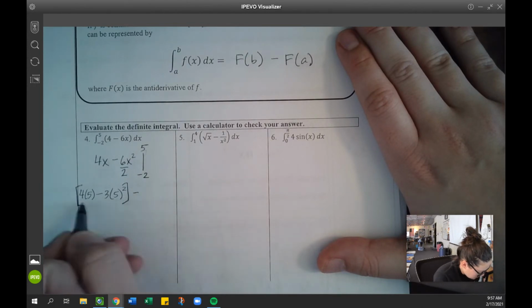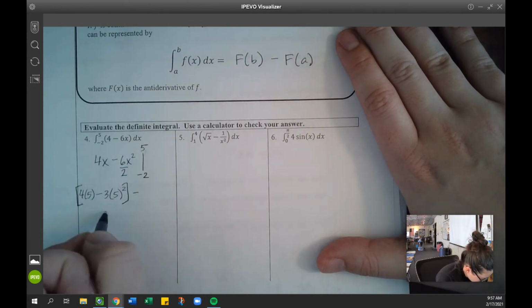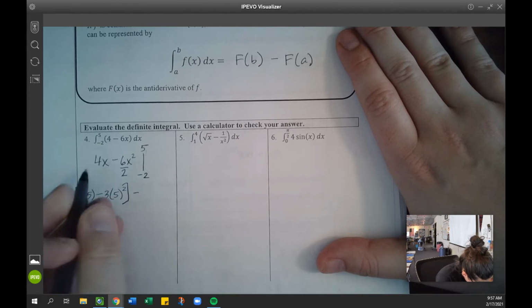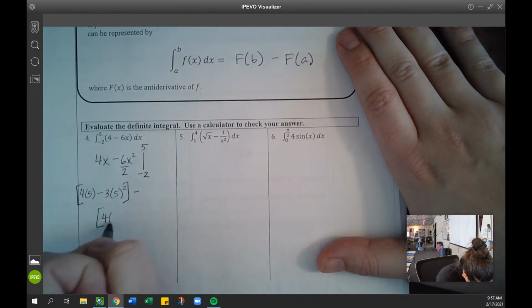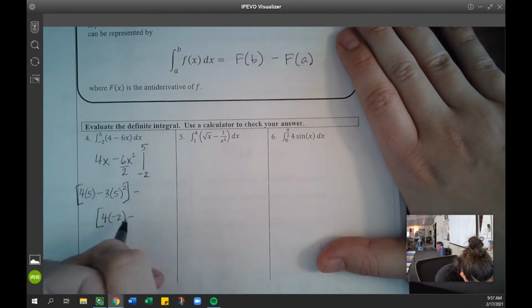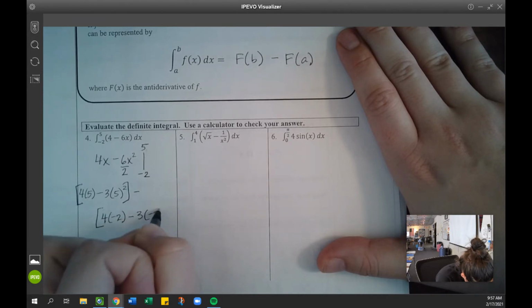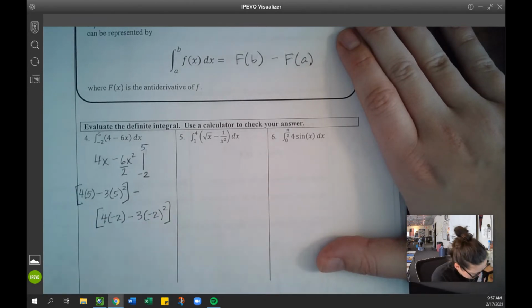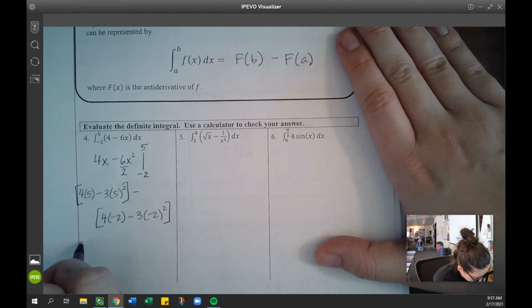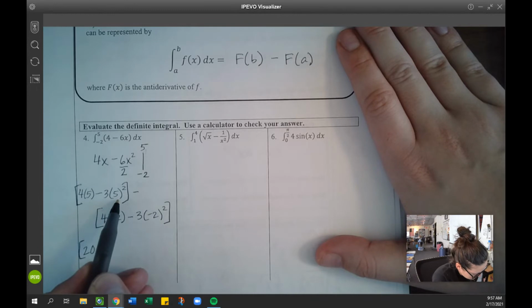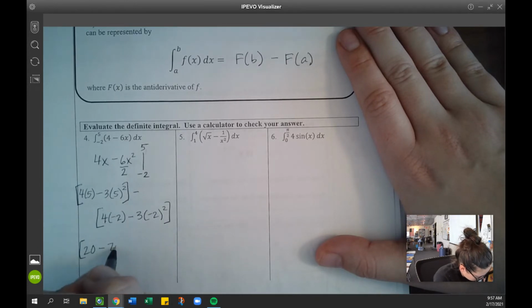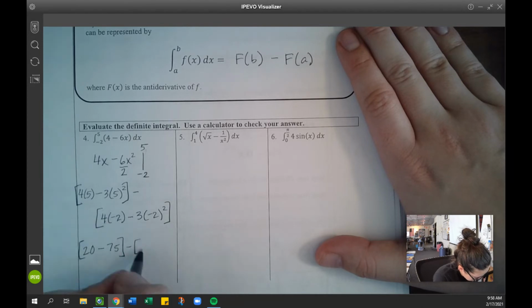All right, so I plugged in 5, and now I'm going to plug in negative 2. So I'm going to put a new bracket. I'm going to have 4 times negative 2 minus 3 times negative 2 squared. Okay, so that gives me 20 minus 5 squared is 25 times 3 is 75, minus, that's negative 8 minus 12.